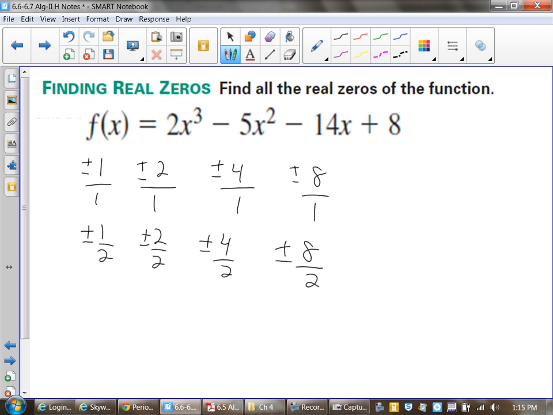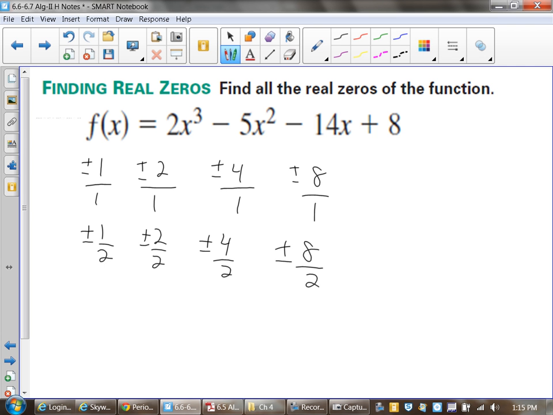I have taken all of my possible zeros and listed them out. All my factors of my constant are 1, 2, 4, and 8. All of my factors of my leading term coefficient are 1 and 2. And as I listed these through, do you happen to notice something?